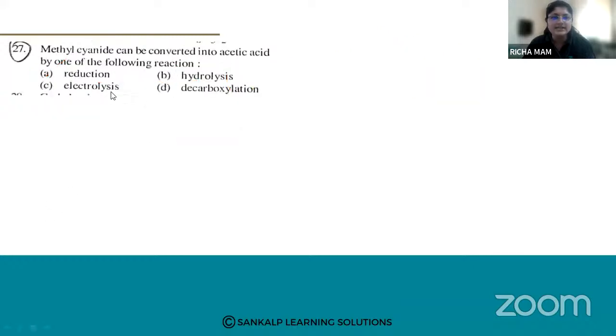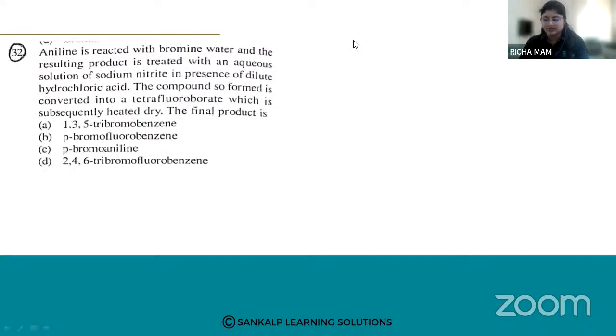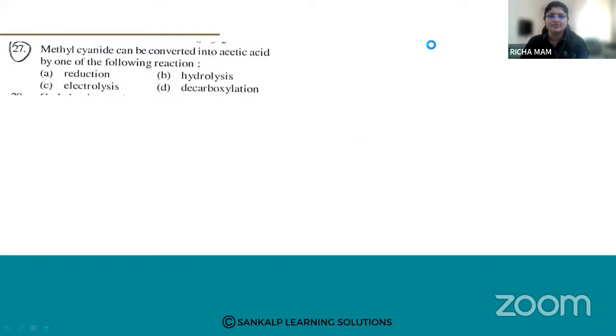Next one, methyl cyanide can be converted into acetic acid by one of the following reactions: A, reduction; B, hydrolysis; C, electrolysis; and D, carboxylation. Methyl cyanide is CH3CN. It can be converted into acetic acid.